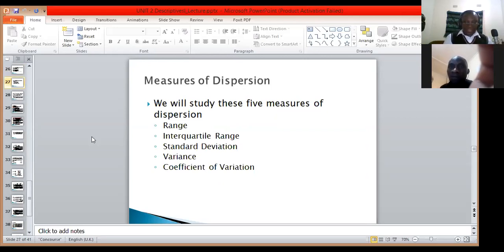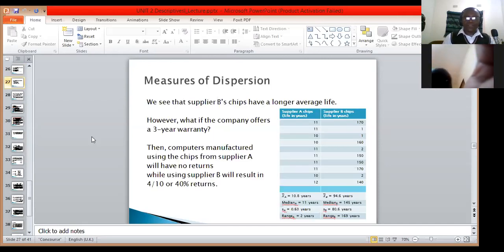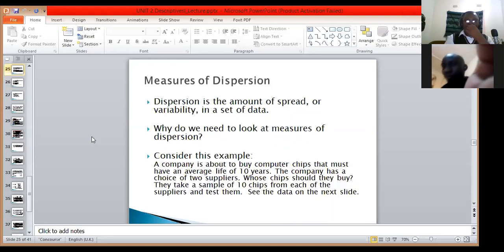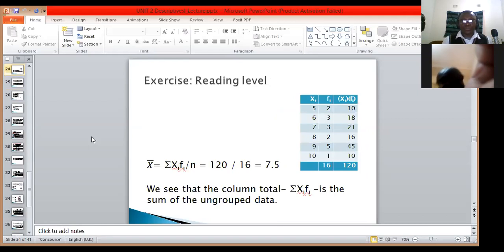So I've tried to come up with various ways of calculating a quartile and see which could be easy for a student, especially distance students who are studying on their own. That's the one that I picked. I saw that to be easy for a student studying on his own to understand.